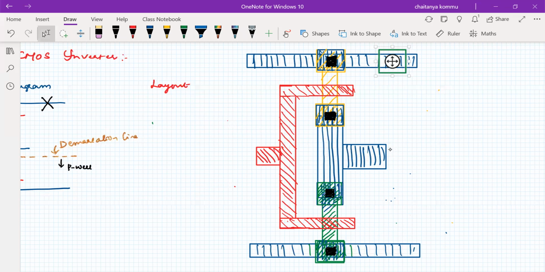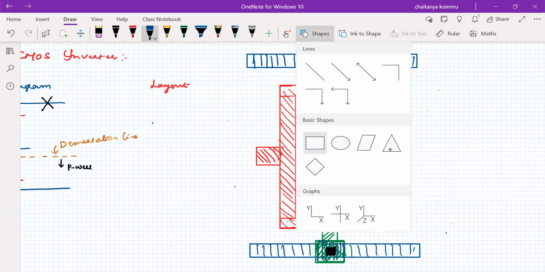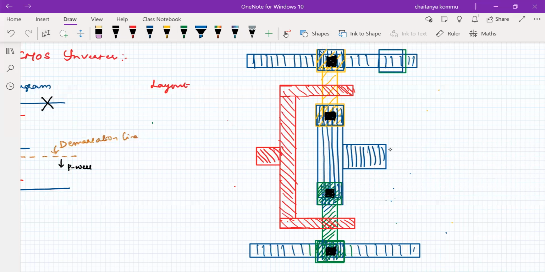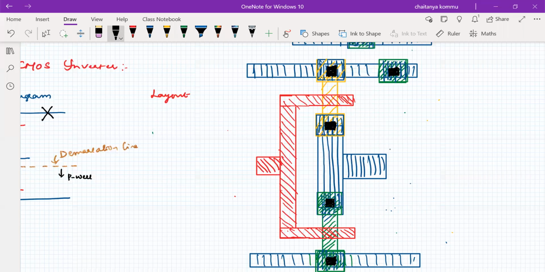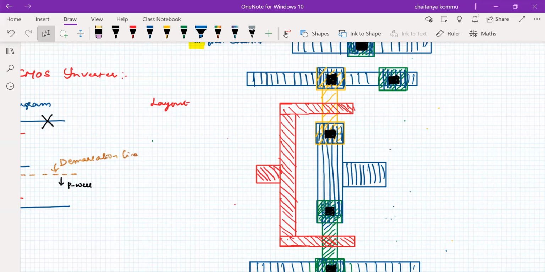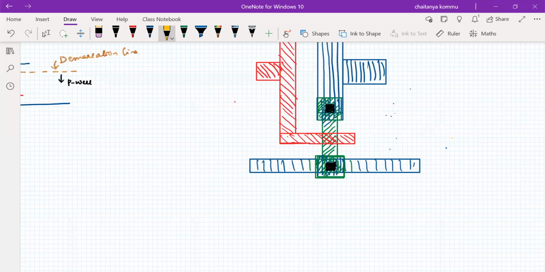Okay, and it is a mixing of two colors, as we know that. So therefore what we can do is that it is the mixing of green color and blue color. Take a common point there. Take contact cut here. So this is what we can say is the substrate for the PMOS transistor. Substrate for nMOS transistor is yellow color.